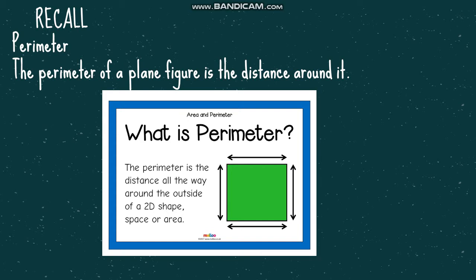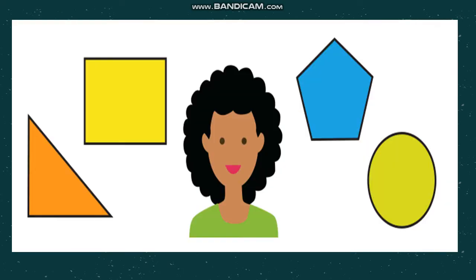So you can find the perimeter of your laptop, your textbook, your notebook, and the perimeter of the screen. So perimeter is nothing but the distance around it. As you can see in these pictures, these are 2D shapes.